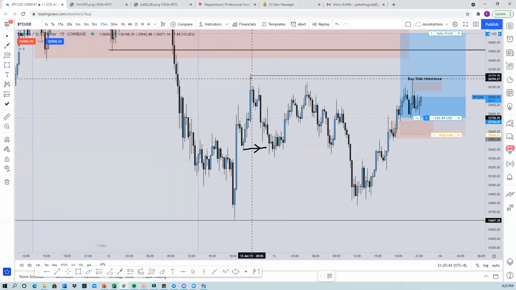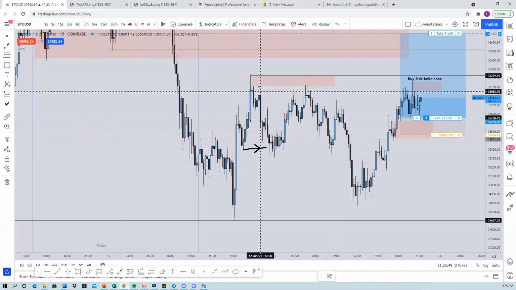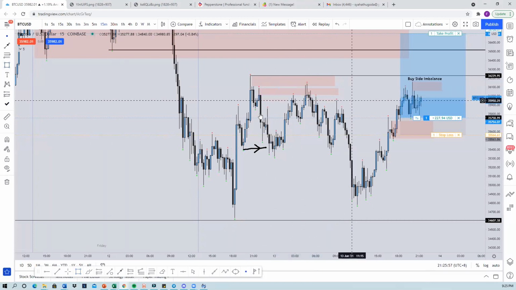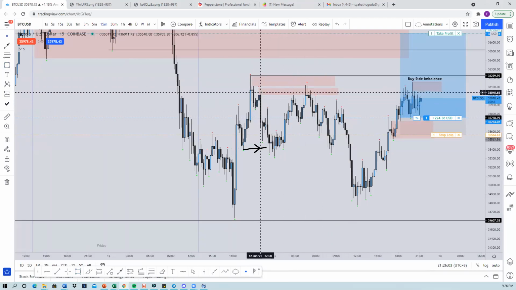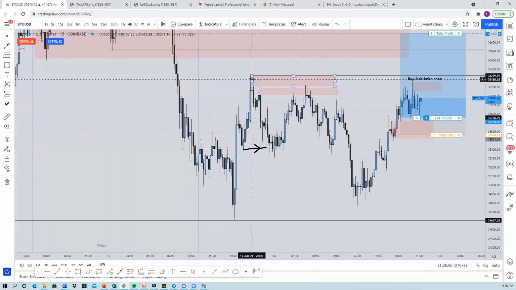Sell side right here. You have imbalance entirely over here, which has been filled up anyway. So you see, it fills up. Let's just draw it out here. This imbalance fills up. Done. And what does price do? It attempts to fill up this and it fails. Okay, it fails. And obviously we know why.